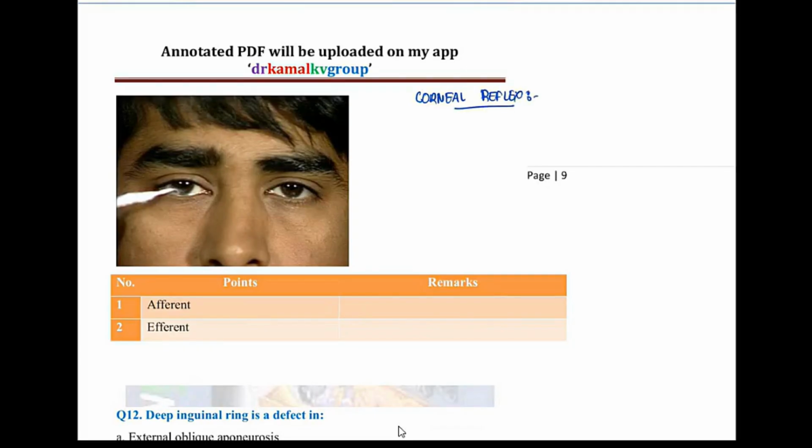What happens when we touch the cornea with a wisp of cotton? There is protective blinking of the eye. The moment you touch the cornea with a wisp of cotton, it leads to blinking.